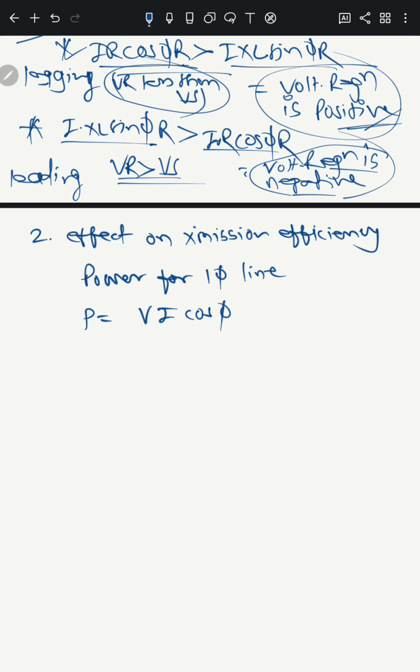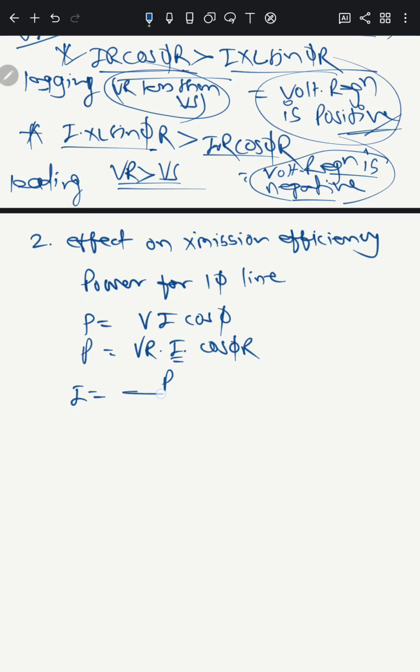This is the standard formula. In case of a transmission line, V can be replaced by VR, load current is I, and power factor can be replaced by cos phi R. Therefore, from this formula we can write I is equal to P divided by VR cos phi R.